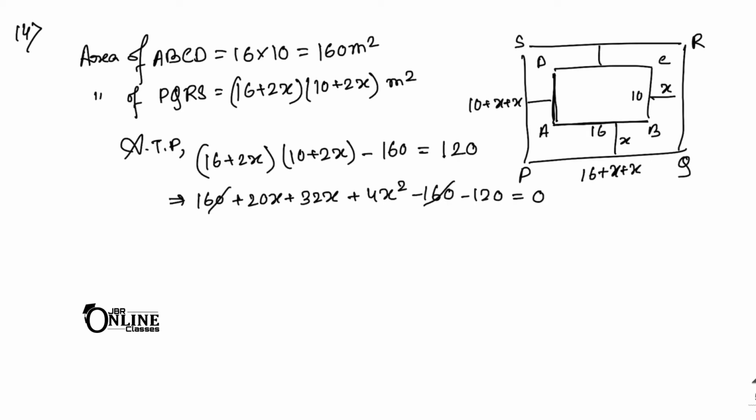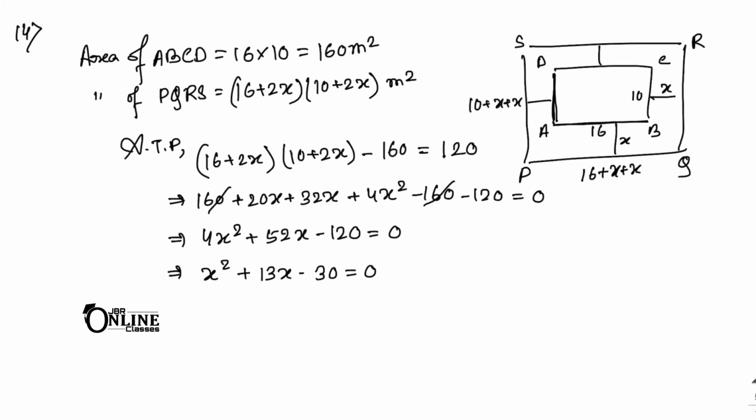So 160 cancel out, here 4x square plus 52x minus 120, that equal to 0. So here x square plus 13x minus 30, that equal to 0. So this is the equation. Okay, you have to form to find out the x. That means this is the first answer.